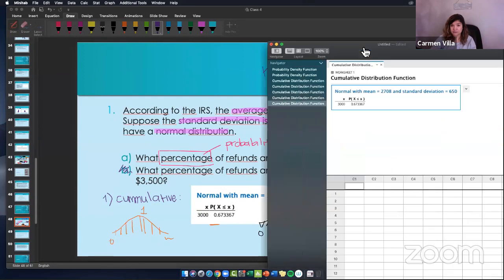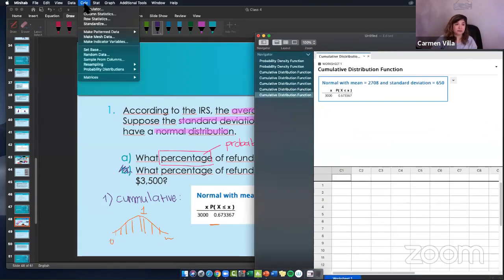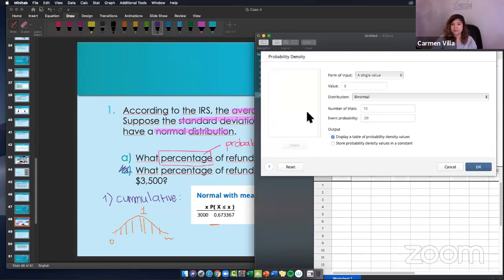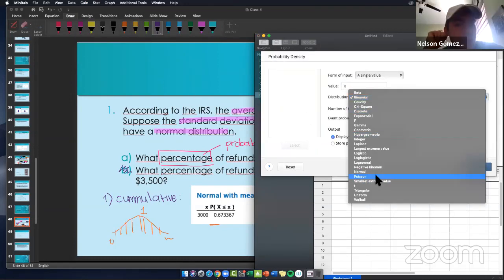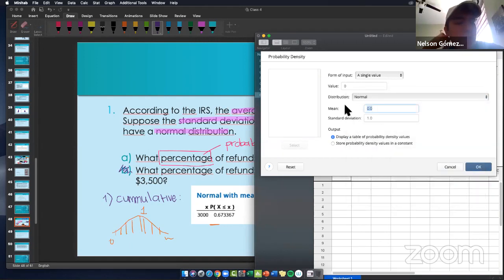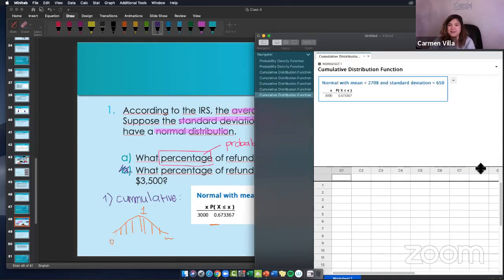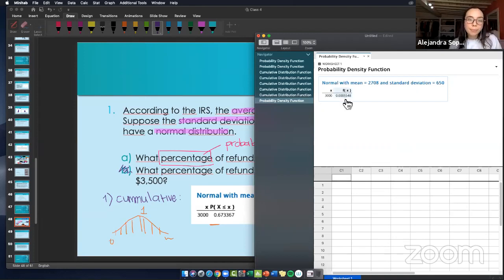I want you to see, before I move to the other one, because it's similar to the one that we already solved, what happens if we use probability density for normal distribution. ¿Por qué restó 1 menos 3,000? Wait. I'll answer you in a second. See how much is the probability with density for 3,000? Very little. 0.0005.